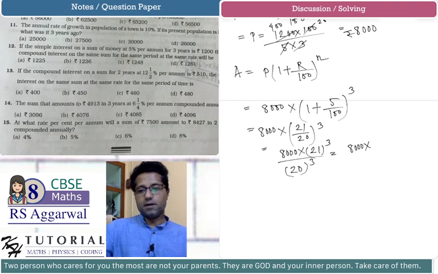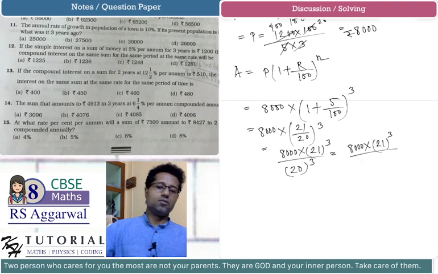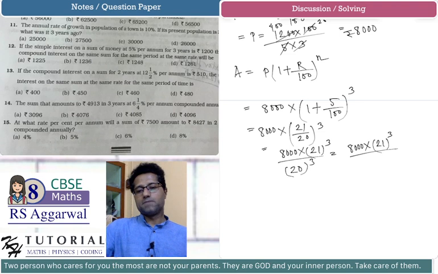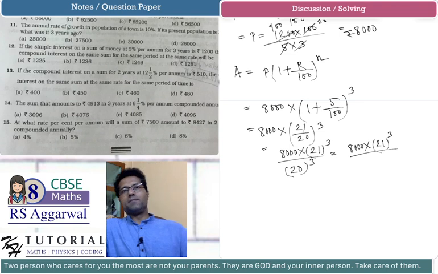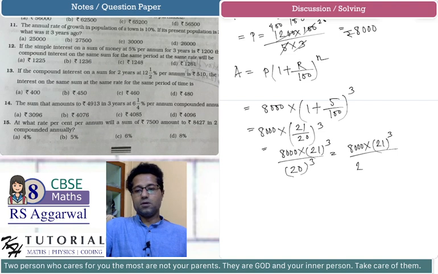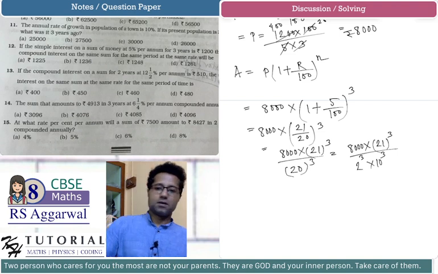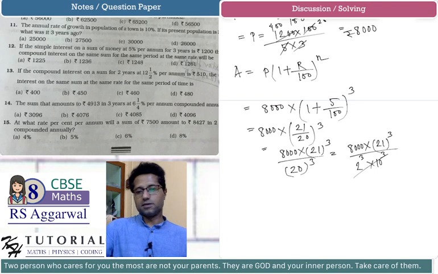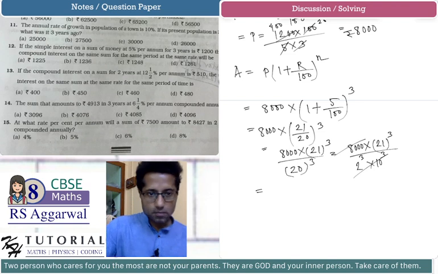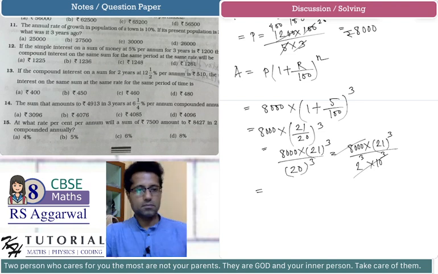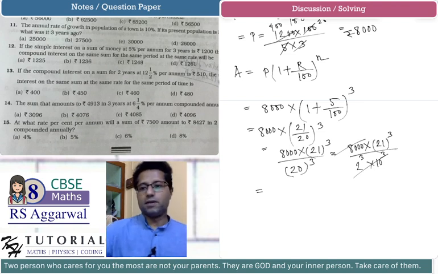Now 20 is equal to 2 multiplied by 10, so 20 cube is 2 cube multiplied by 10 cube. So this cancels 8000, and this will be equal to 21 cube. What is 21 cube?